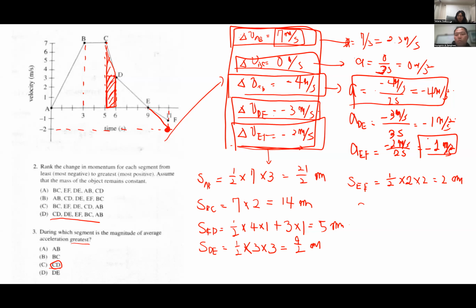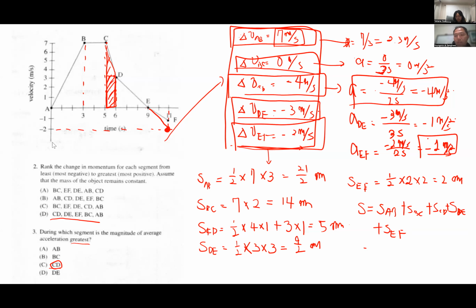You have to just add them all, right? So that total travel distance is SAB, SBC, SCD plus SDE plus SEF.